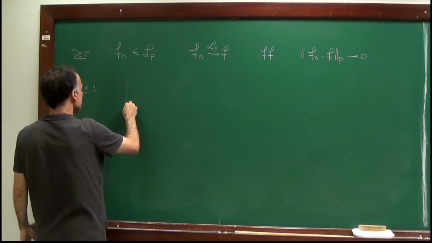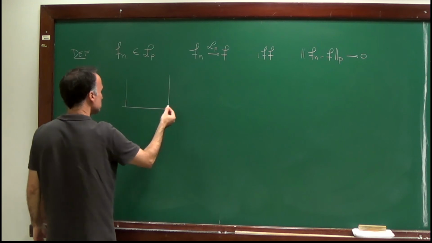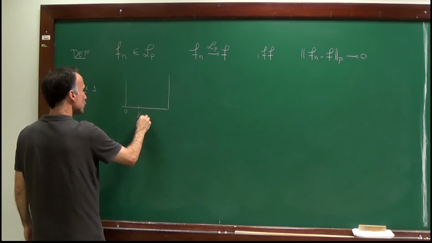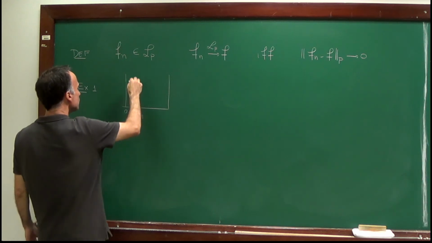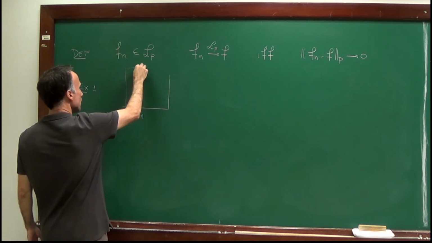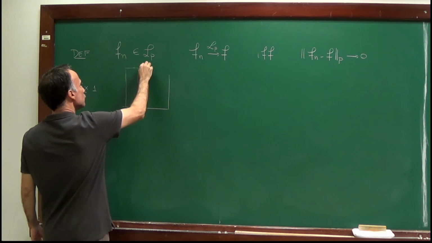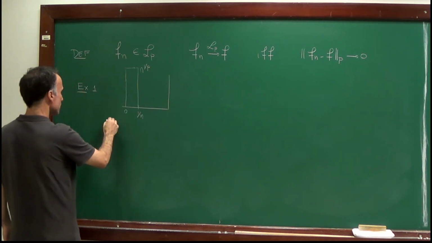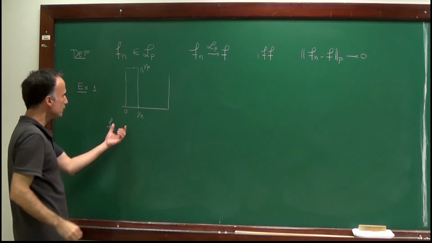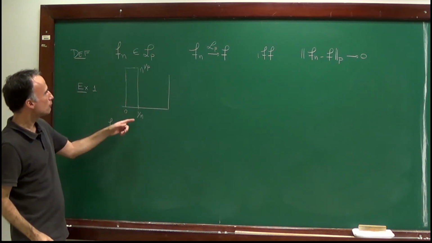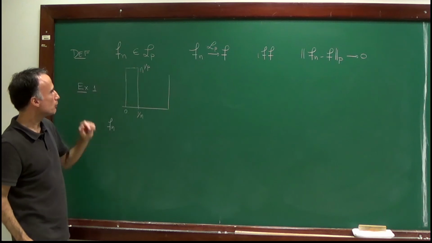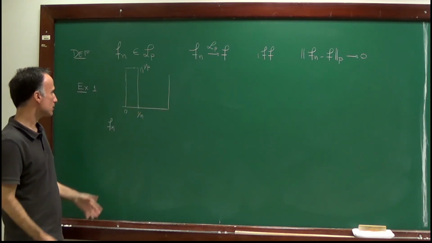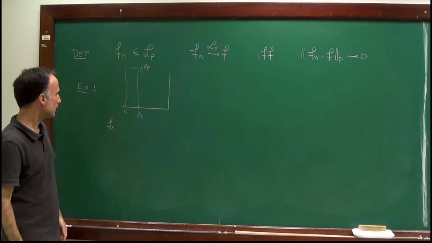So let me take here an example of functions which between 0 and 1 over n are equal to n to the power 1 over p. So this is the function f_n. In the interval (0, 1/n), it is equal to n to the power 1 over p, while it is 0 everywhere else, and these are functions defined on the line.